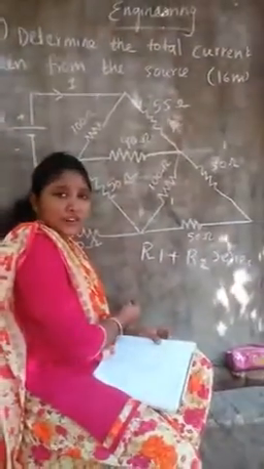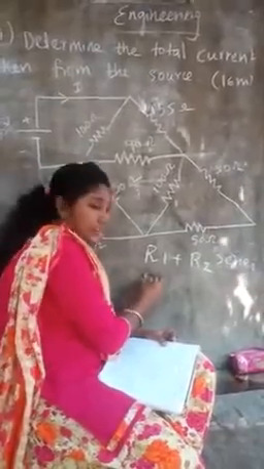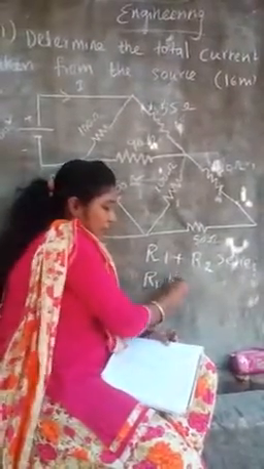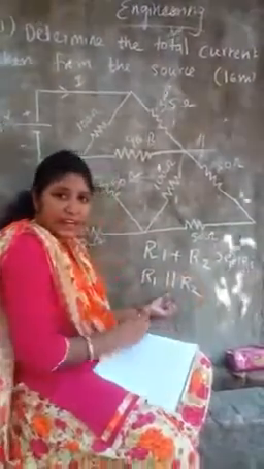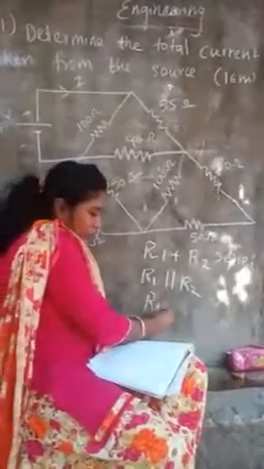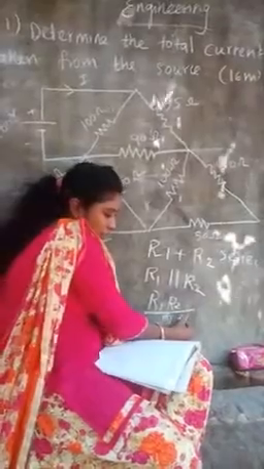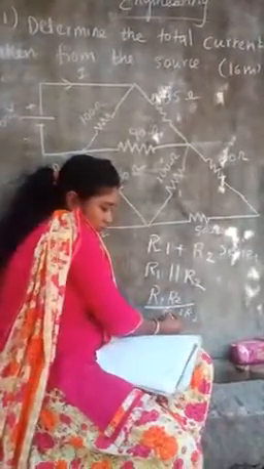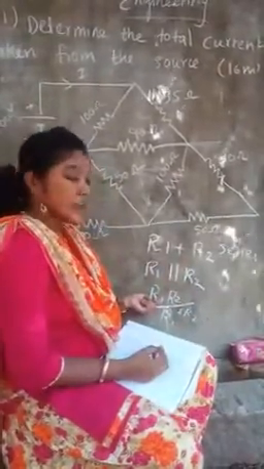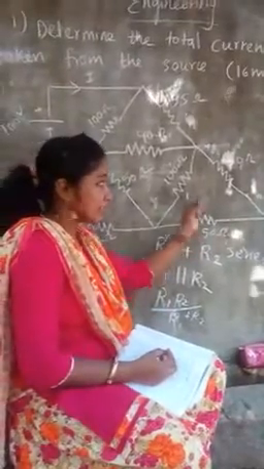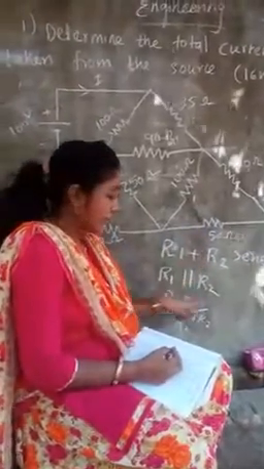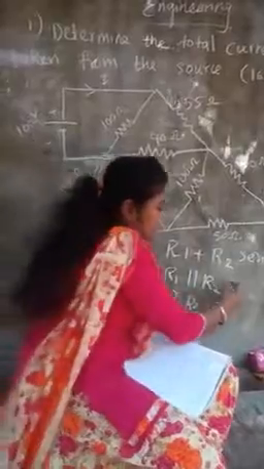Next, what is the condition for parallel? When both resistances R1 and R2 are in parallel, the rule is R1 into R2 by R1 plus R2. So this is the condition when the resistances are in series and when they are in parallel.